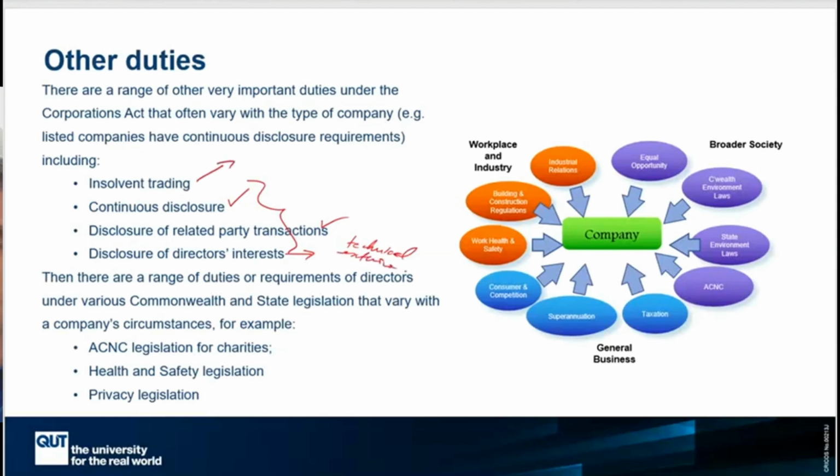We've got insolvent trading under Section 588G, which we're going to do in Module 4 as well. So this is not the be-all and end-all, the two that we did, but they cover most of these situations conceptually. There's also a range of other legislation from a whole series of areas, whether it's broader society, workplace and industry requirements, or general business requirements that have requirements of directors that you need to understand.